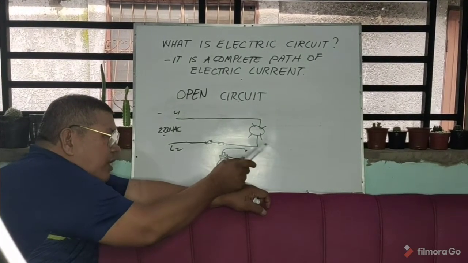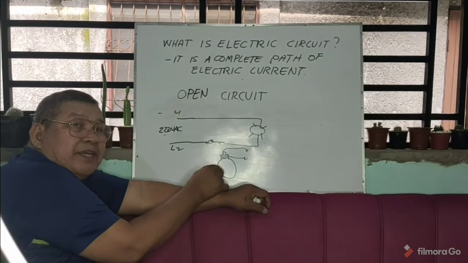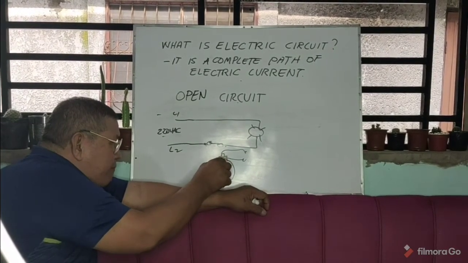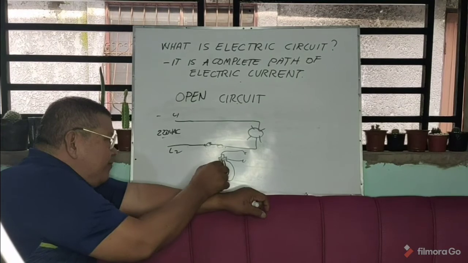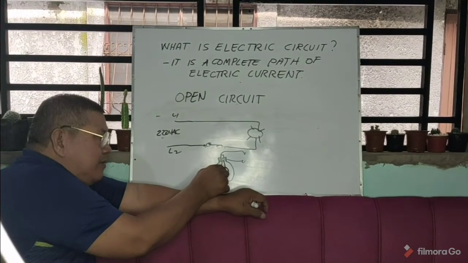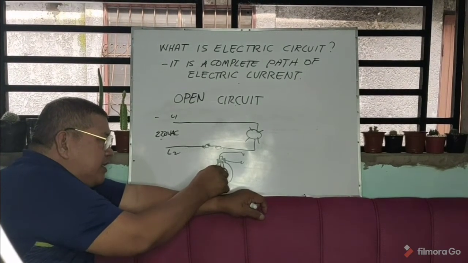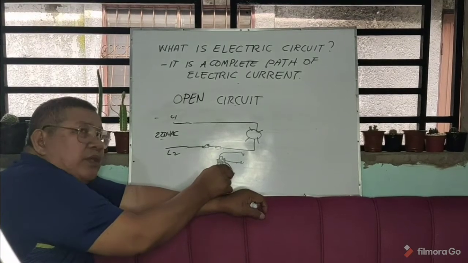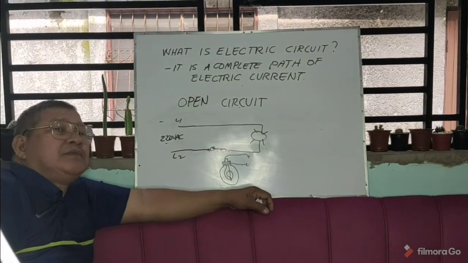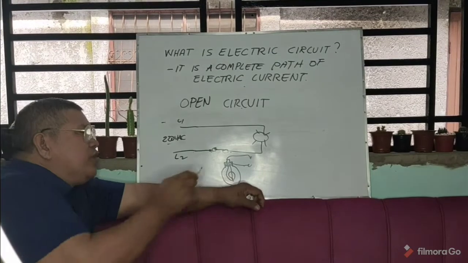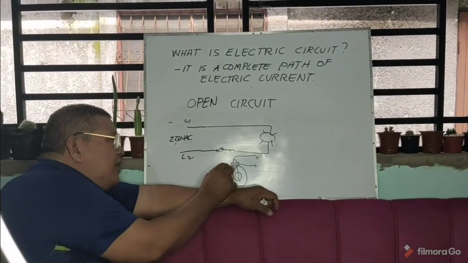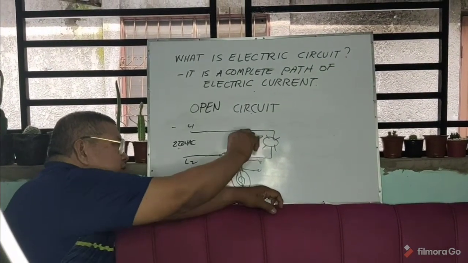If the tester will not move, meaning it is busted. There is a filament inside this one. If this is cut, of course, there is no continuity, so the lamp is busted. But if when you test it here the lamp is good, what will you do?